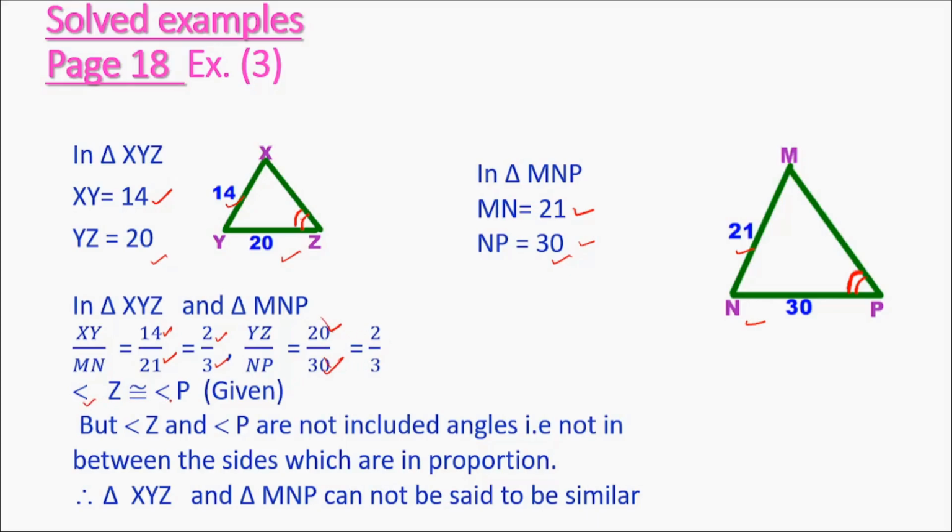Angle Z is congruent to angle P, which is given in the figure. But angle Z and angle P are not included angles. That is, not in between the sides which are in proportion. I have written the meaning; you don't have to write it in the exam, you can just write till here. Therefore, triangle XYZ and triangle MNP cannot be said to be similar.